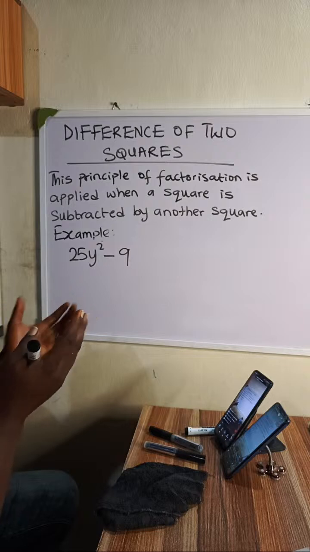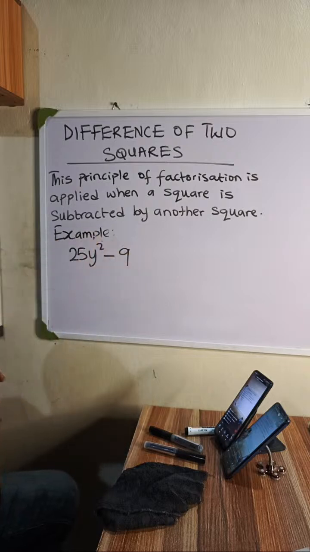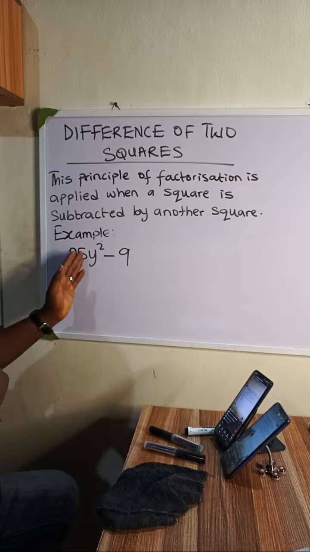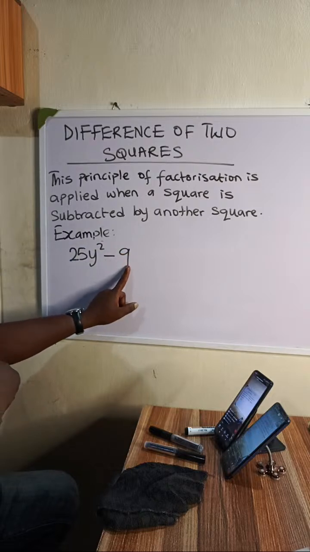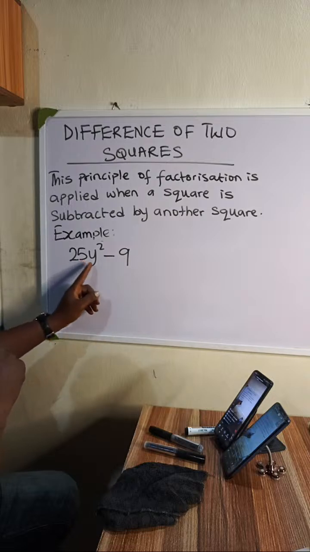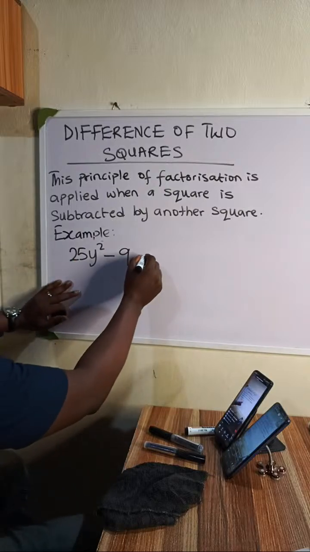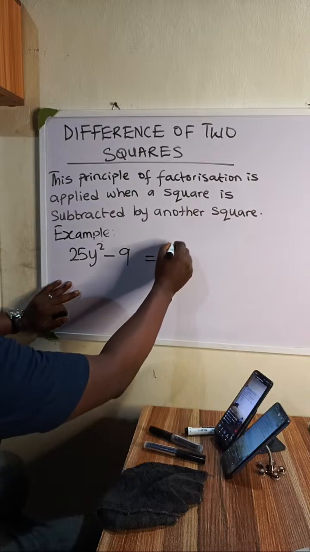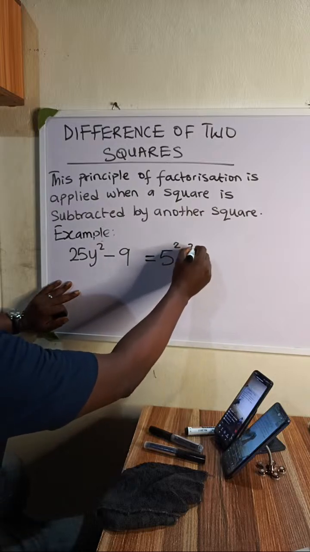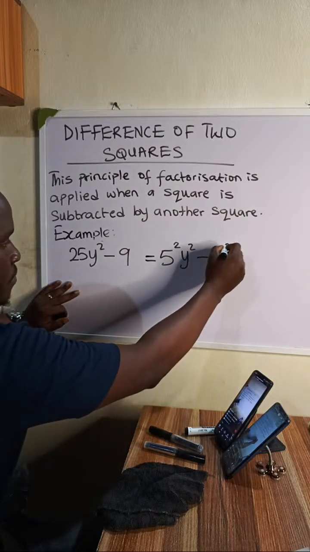But the question is, how do we go about converting this to square and square? Over here, we know it's easy because 9 is the same thing as 3 squared. But here we have 25y squared. So what we can do is simply convert 25 to a square of 5. So this will be 5 squared y squared minus 3 squared.